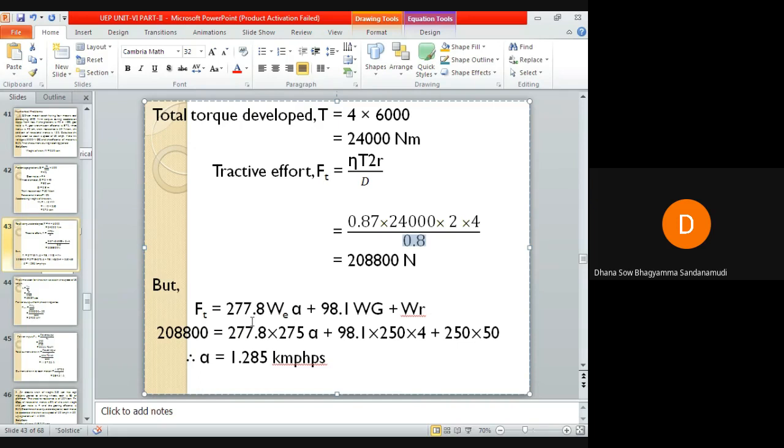Ft we have just calculated, that is 208800, equal to 277.8 into W, the accelerating weight, into alpha, which we don't know, plus 98.1 into dead weight 250 into the percentage gradient, which is 4%, plus dead weight 250 into R. I'm sorry, I have already changed this notation.